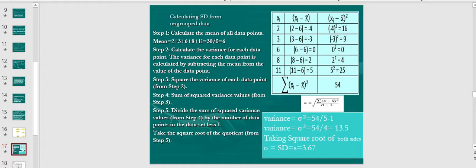The demonstration of this process will enable us to compute the standard deviation from a given set of data.